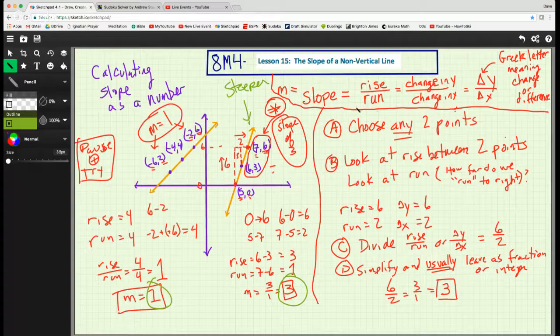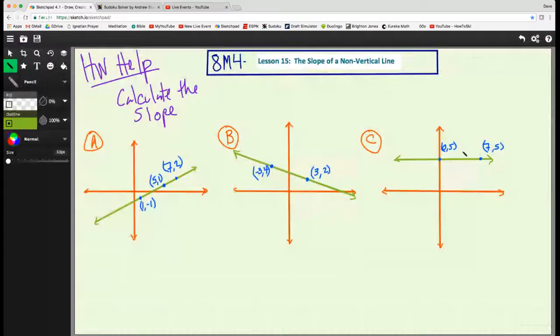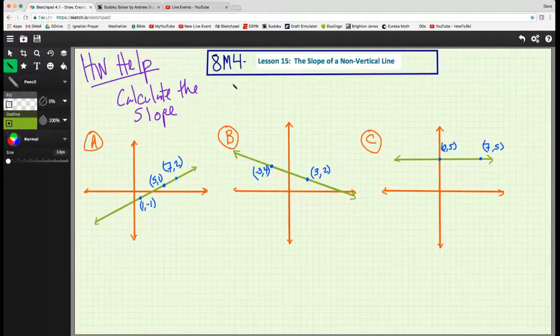Okay, so I want you to make sure you have this strategy down, written down here on the right, because we're going to go into some homework help right now. And you're going to need to calculate the slope of these lines. And again, I'll give you the clue here. Rise over run, which is equal to delta y over delta x.